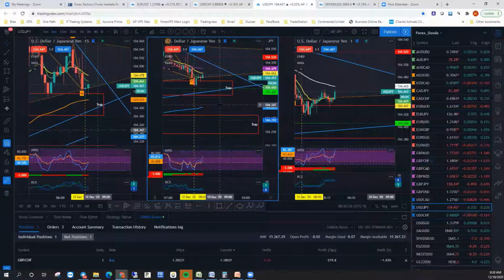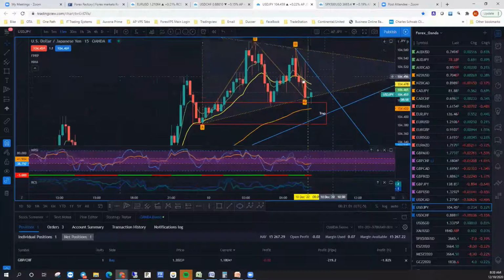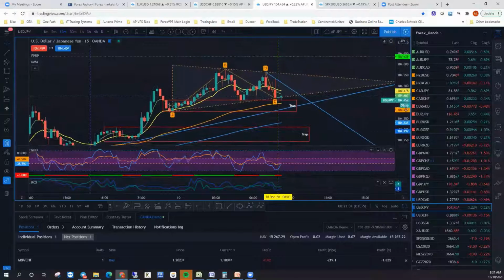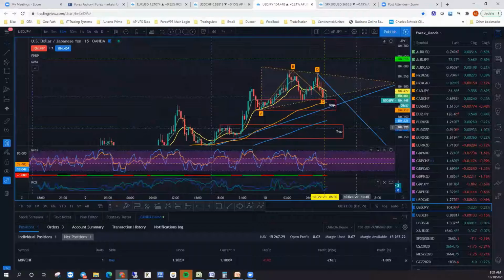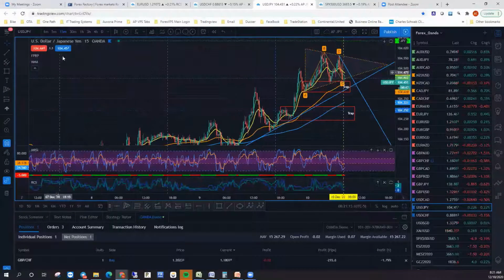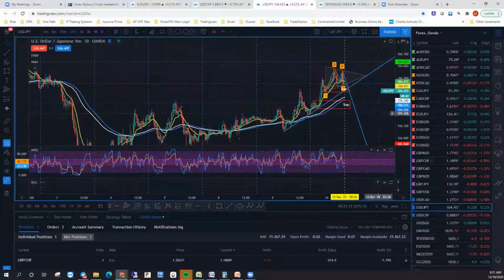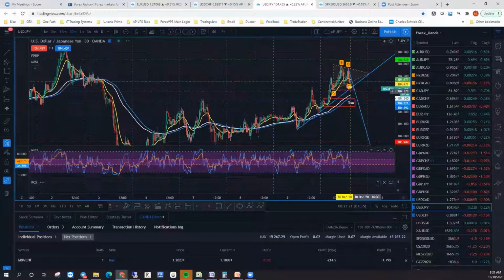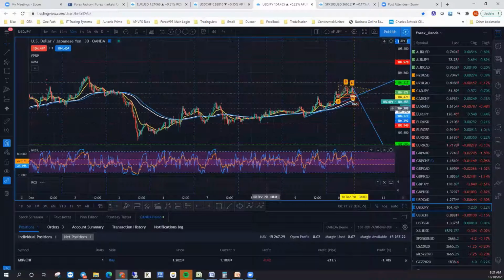If you blow up your 15-minute chart, shrink your scale a little bit, and then shrink it quite a bit more. Actually, it's probably better on the 30-minute. There we go. We're at the top of a zone right here. So there's actually a significant trend line.